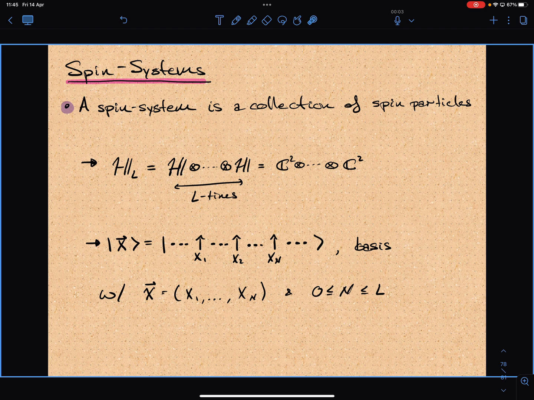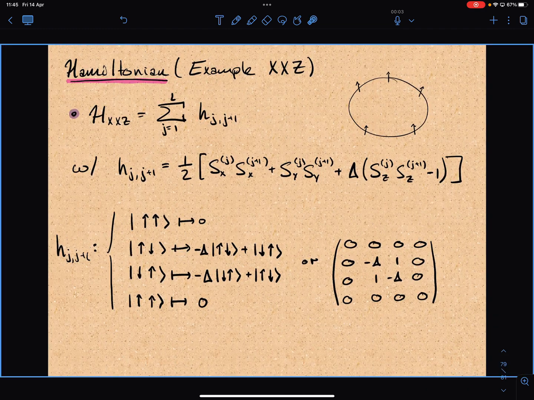Okay. So this is a particular example. This is called the XXZ model, the Heisenberg-Ising spin 1/2 XXZ model. And this is a particular example of a Hamiltonian for a spin system.